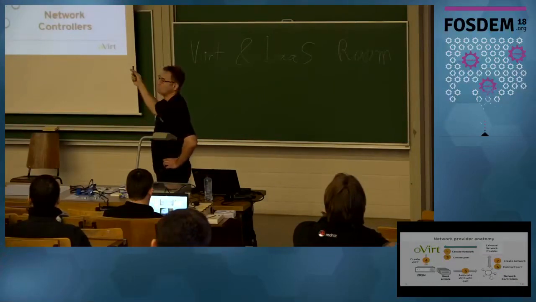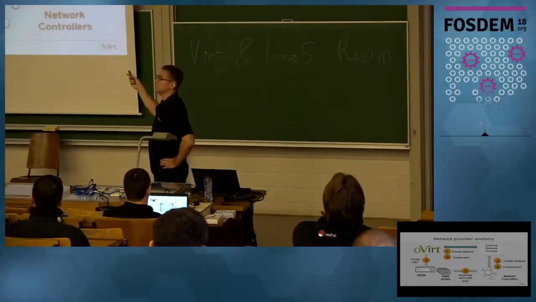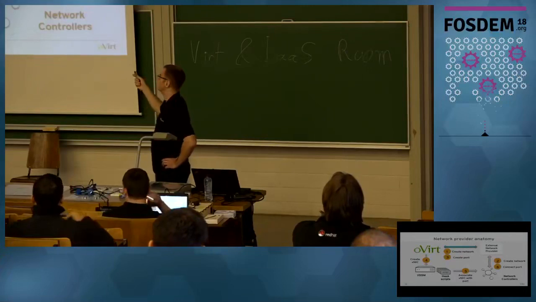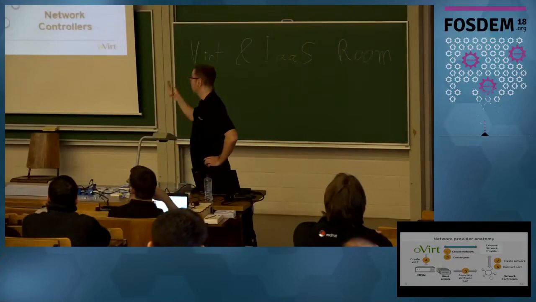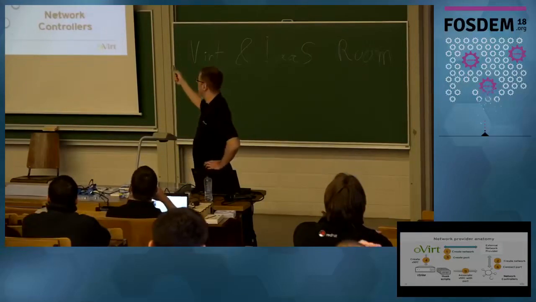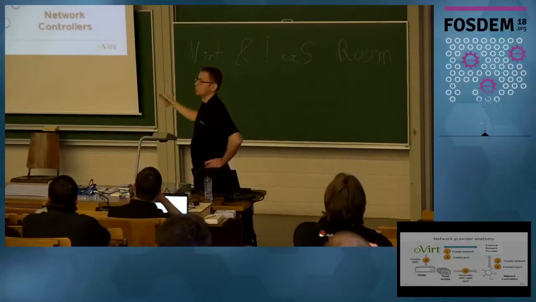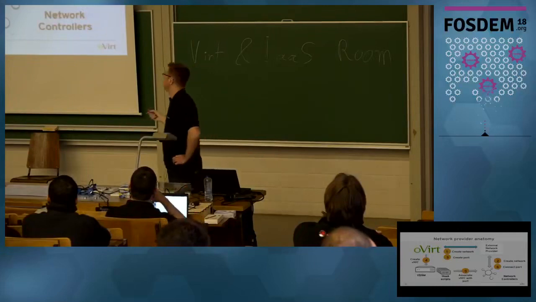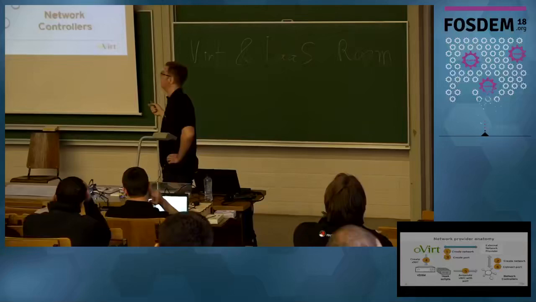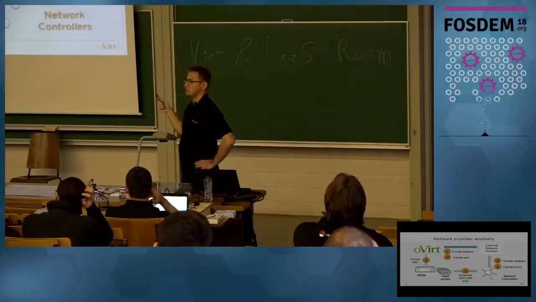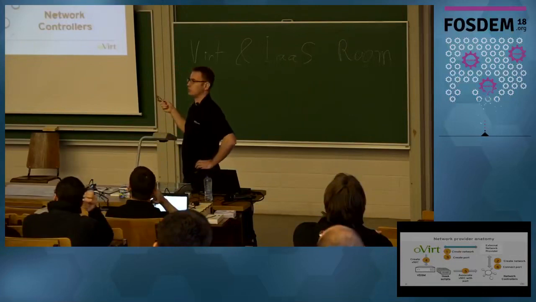That request would be sent over using the OpenStack network API to the external network provider. The external network provider would create the network. As the second operation, it would talk to the network controllers and create the network in our networking infrastructure.